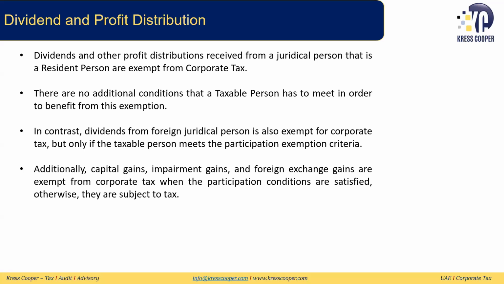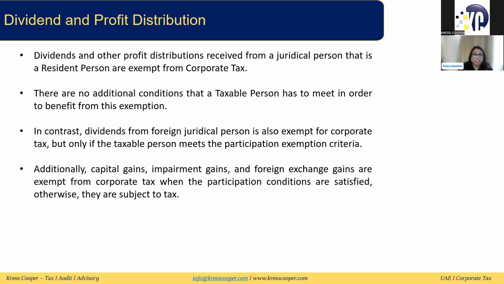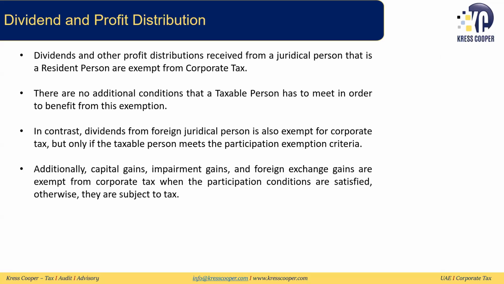But in contrast, if any dividend is received, let's say, from a foreign juridical person, it is also exempt, but it has certain conditions. The participation exemption conditions have to be met. So the dividend or profit distribution you receive from a resident juridical person has no condition, so all will be exempt. But for those received from a foreign juridical person, you need to meet the participation exemption criteria first, and then they will be exempt.